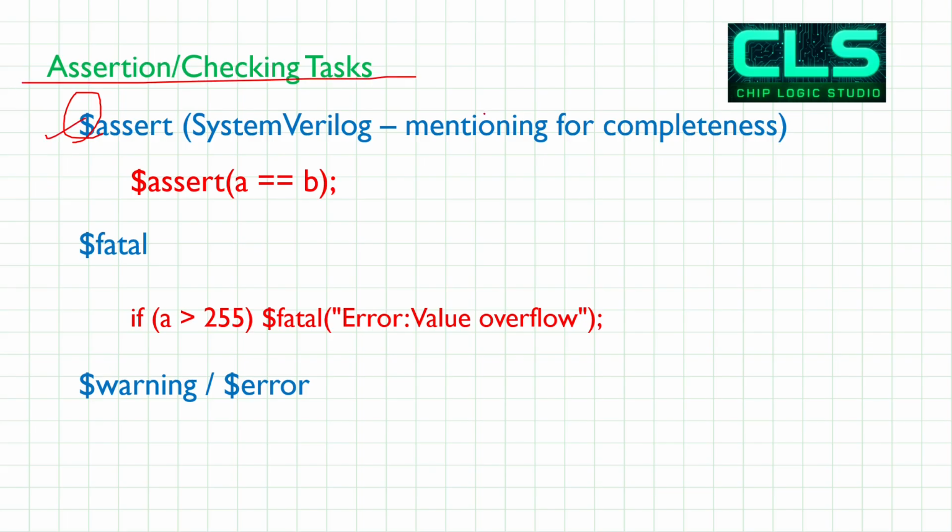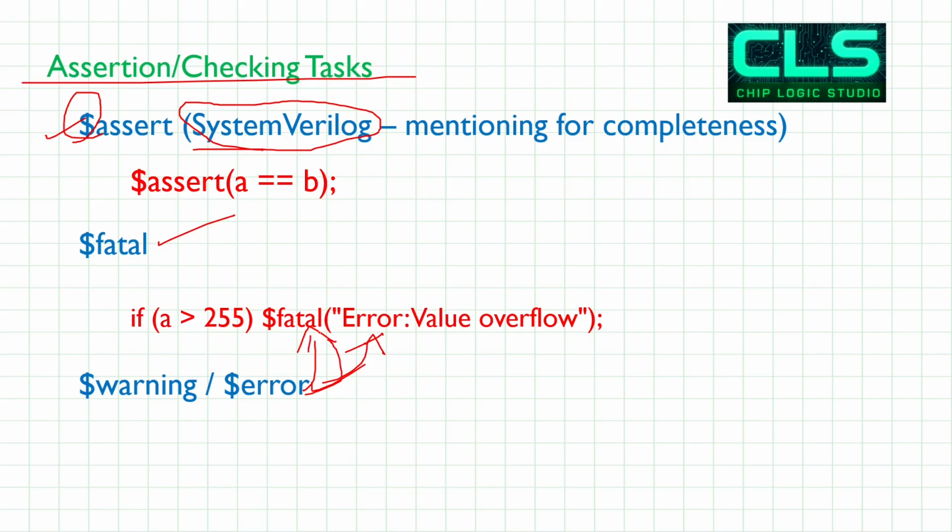Assertion is part of SystemVerilog. I will make a separate playlist for SystemVerilog, or I have already created some videos on assertions, so you can watch those videos. But there are some system tasks related to assertions: $fatal, $warning, $error. $error is like this, so it will give an error. $fatal is like this.